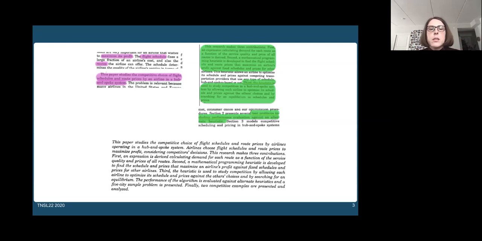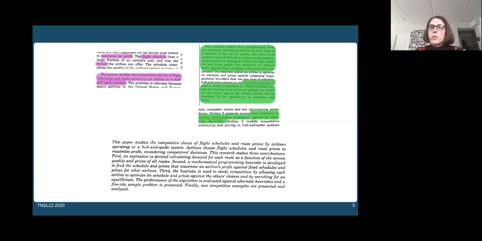So this says, this paper studies the competitive choice of flight schedules and route prices by airlines operating in hub and spoke systems. So that says, first sentence, this is what our paper is about. Then there comes the sentence that tells us, well, okay, we have to choose flight schedules, we have to choose route prices.